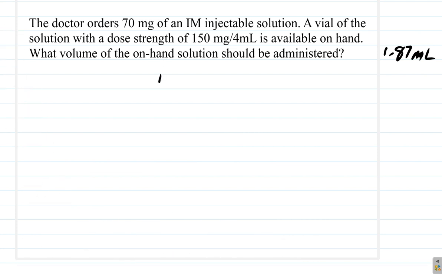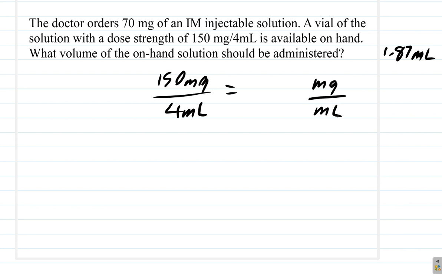If you have 150 milligrams per 4 milliliters, this is equal to what? This is going to be in milligrams per milliliter. Or you divide down. 4 into 4, 1. 4 into 15. You know that's 3 because 4 times 3 is 12.